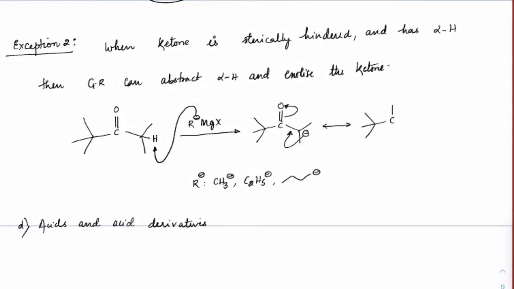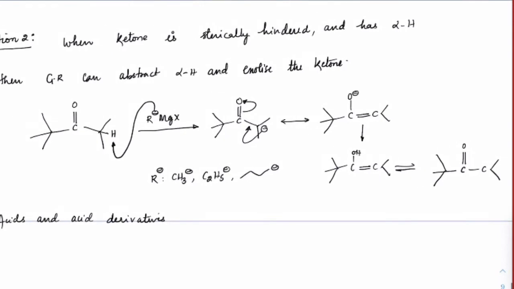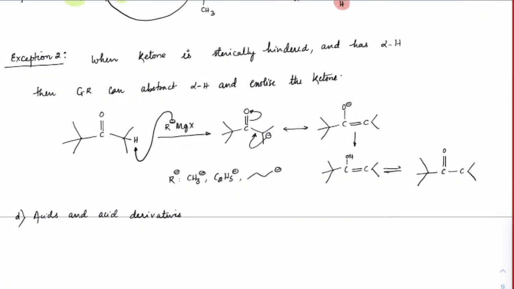So we will get C O minus double bond C. Okay, and on hydrolysis, first it will form enol, which will further form ketone on tautomerism. Okay. So you won't see the final product changing, but one thing you can see is that R minus which was there has become RH. So that is to be noted.